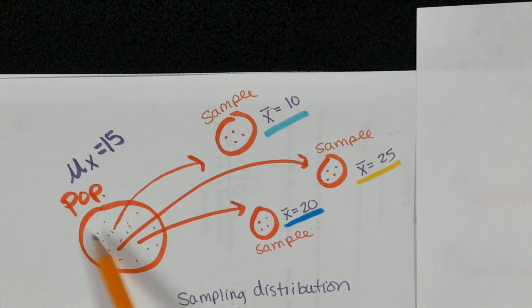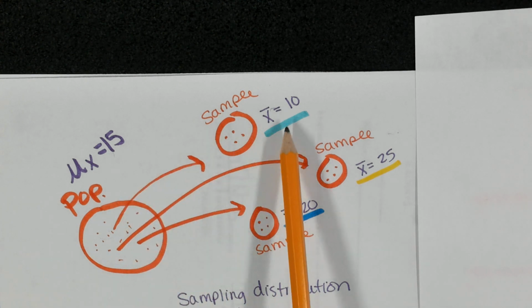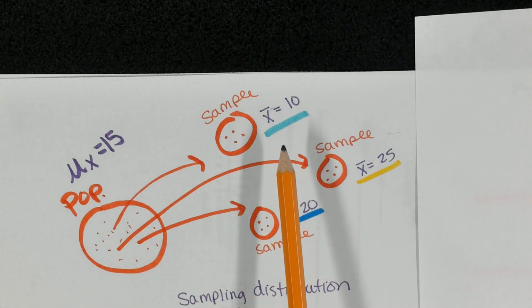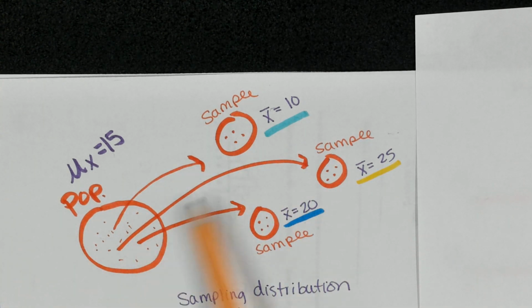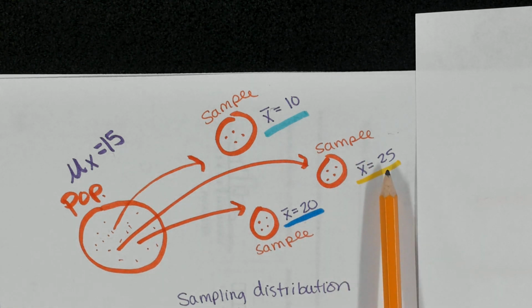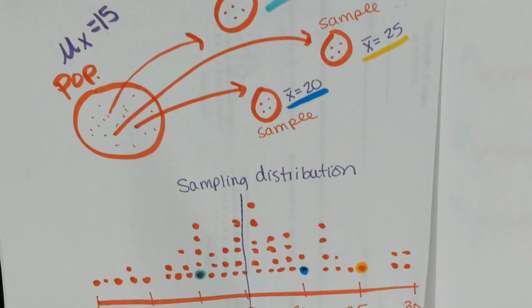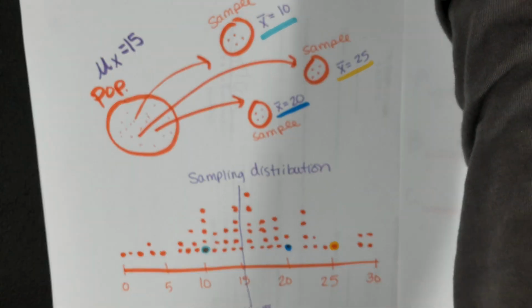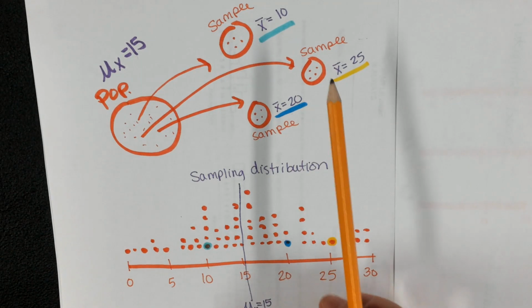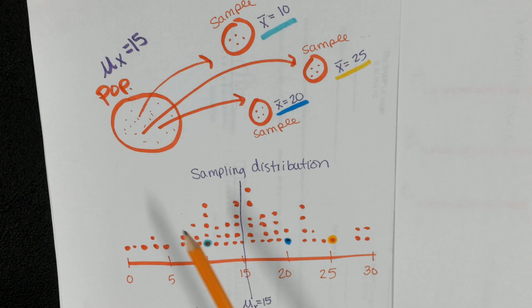And so if I took a random sample of 4 people from that population, you might find that their mean is 10. Or if I take another sample, you might find that their mean is 25 years old. Or if I take another sample, you might find that the mean is 20. So what happens here is we talked a little bit about sampling distributions, but you take all your different averages of your samples and you plot them.